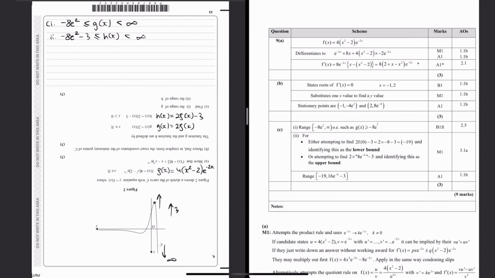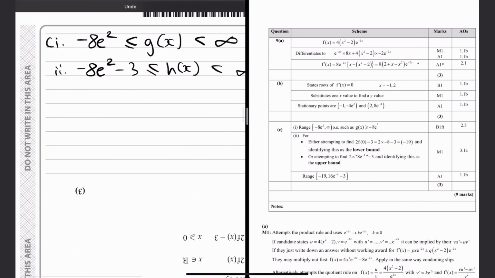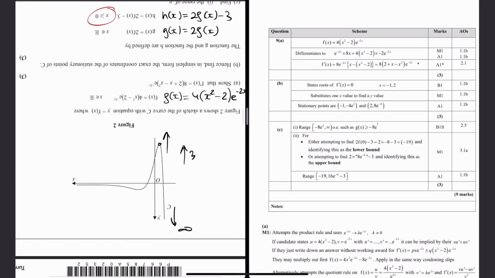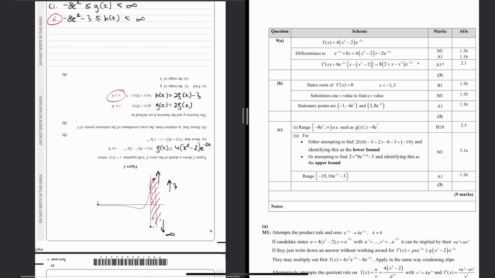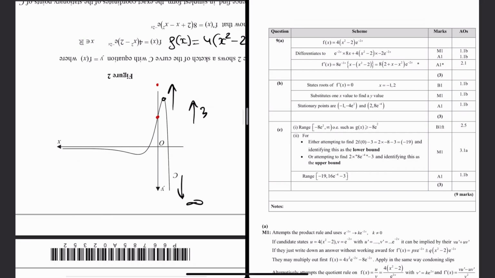Okay guys, it turns out I also got 9c wrong, part ii to be specific. What I forgot to look at was that x has to be greater than 0, so we're just ignoring all of this side here. So if we shift it 3 up, the lowest bound is going to be the y-intercept here, and the highest thing is going to be this, which gets moved up to here.